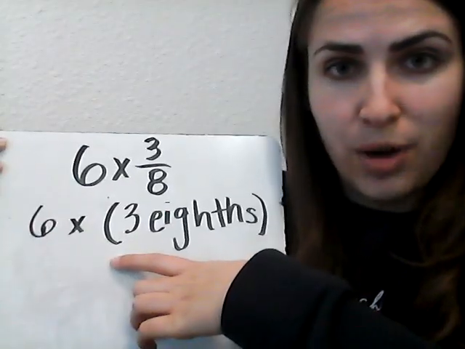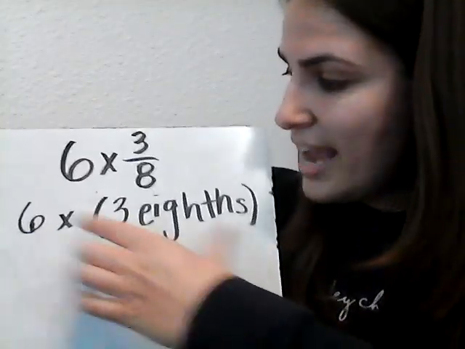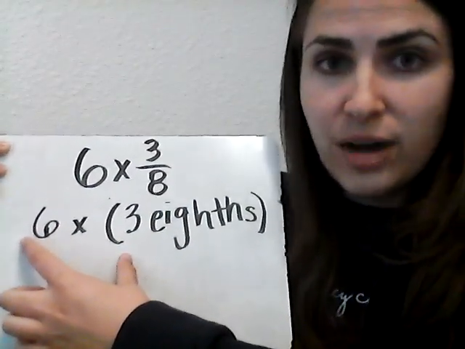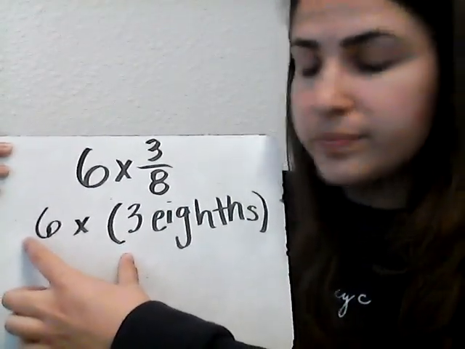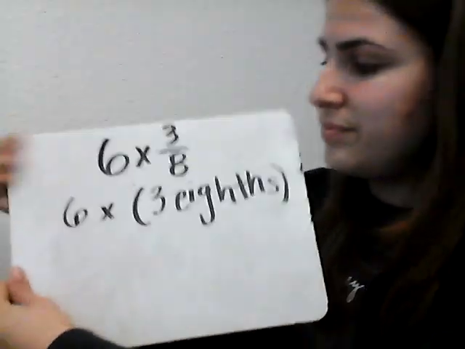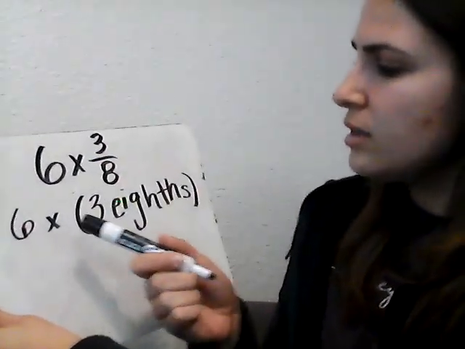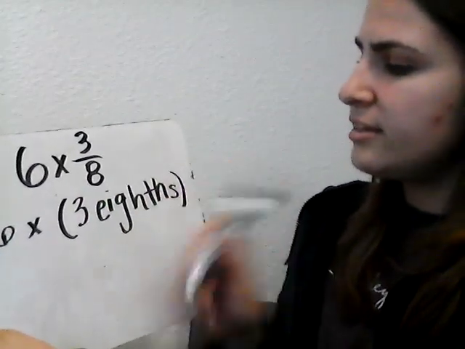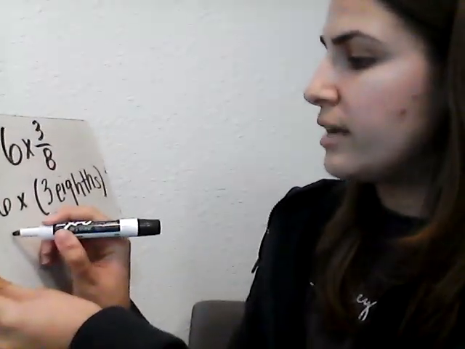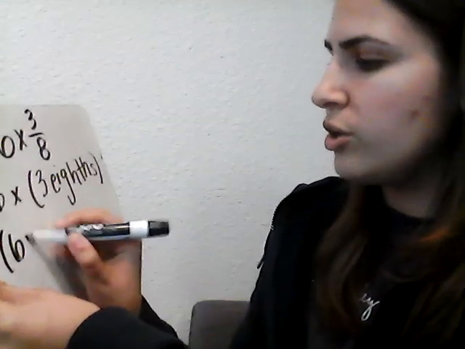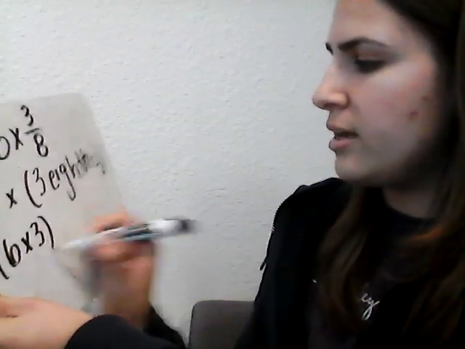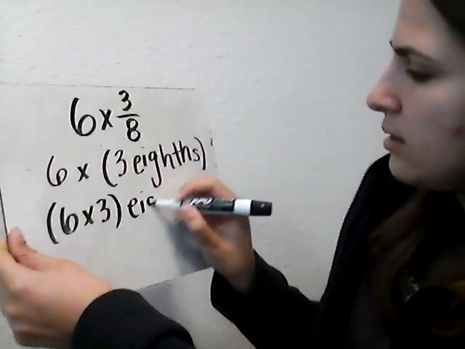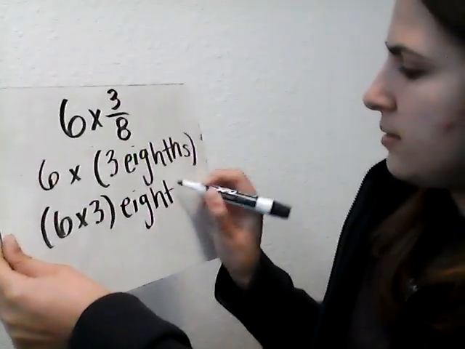So using the associative property, we can change this grouping, and we're still going to arrive to the same answer. It's still going to have the same value, and it's going to help us to solve. So we can change the parentheses from being around 3/8 to be around 6 times 3. All right, we're not changing the order, we're just changing the grouping. So (6 times 3), and then our unit is 8ths.